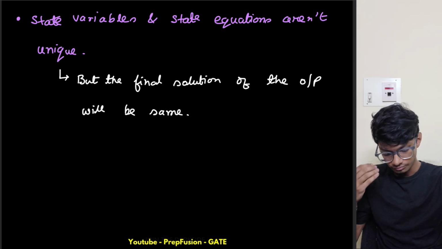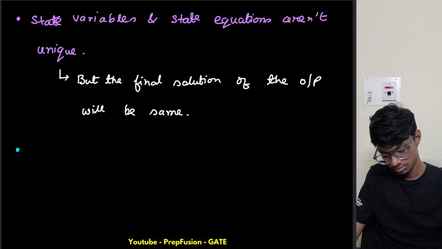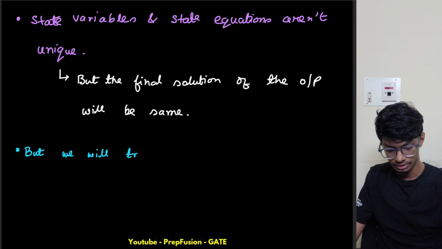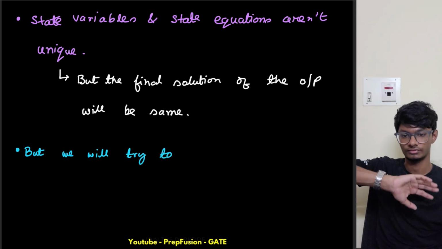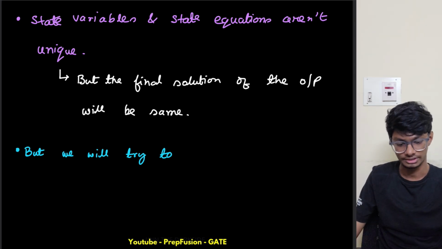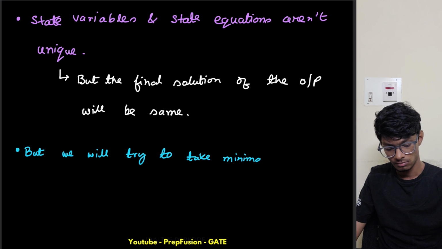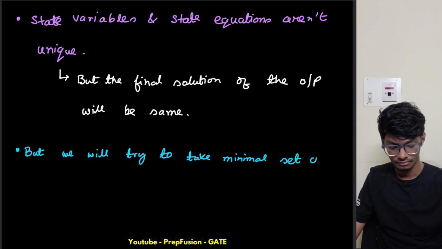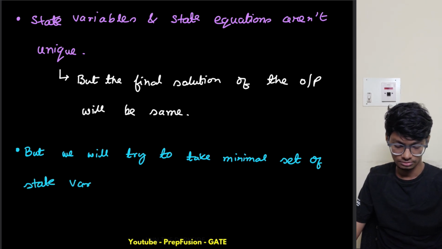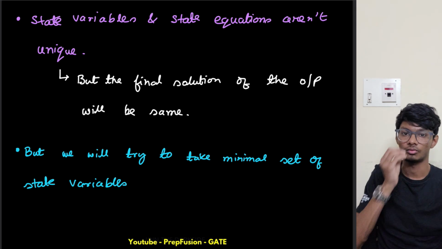But what we will try to do is, you can select any number of state variables, but we will try to take a minimal set of state variables so that we can define our system output properly.